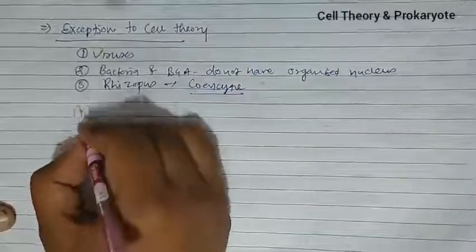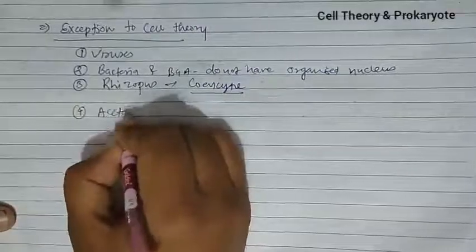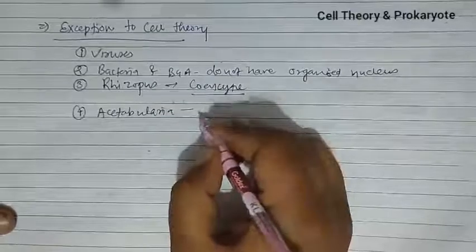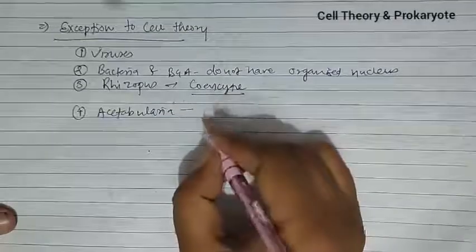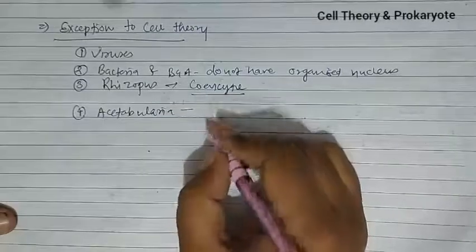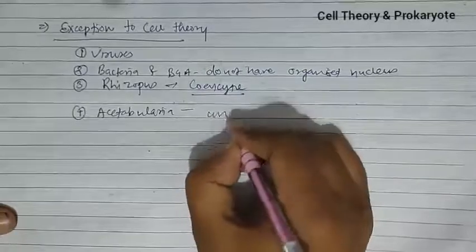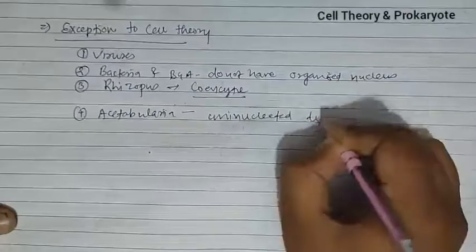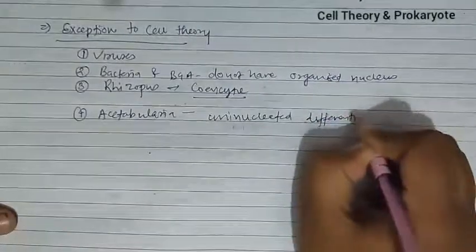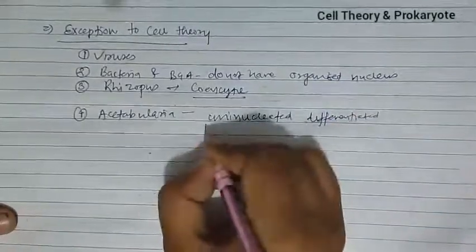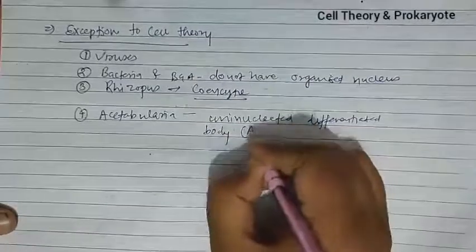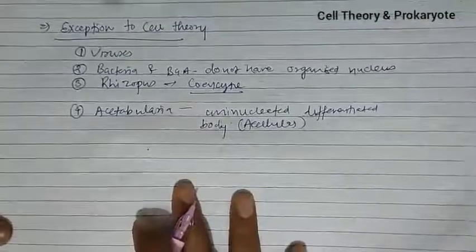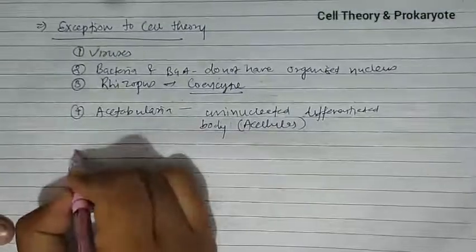Acetabularia is a fourth example, a green alga which has a uninucleated differentiated body. Uninucleated differentiated body means they are acellular.